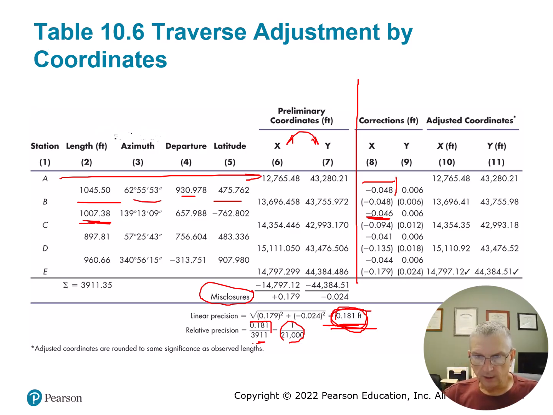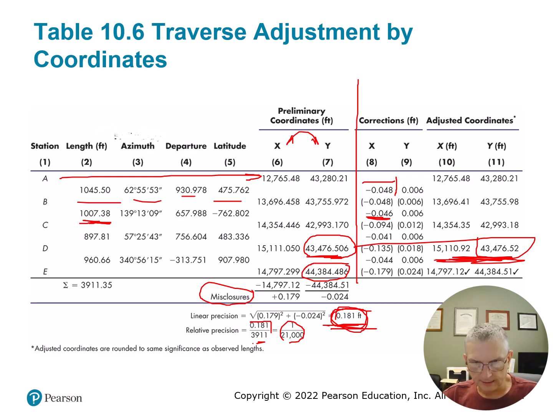And so some of their format here is a little bit hard to follow how they're getting some of this, because 43,476.506 is not too bad off of 43,476.52. And this gets you adjusted coordinates for the points, which is what we're after right here.